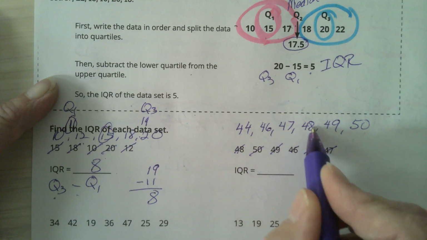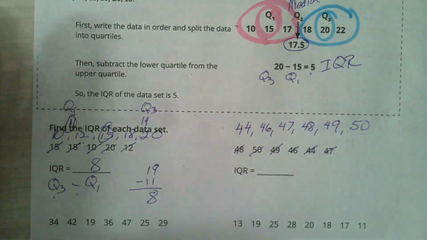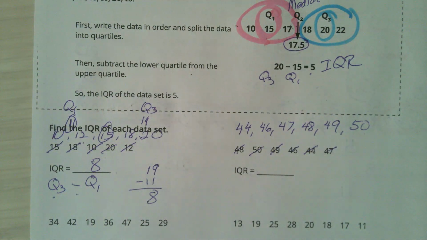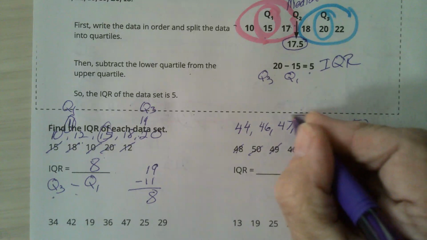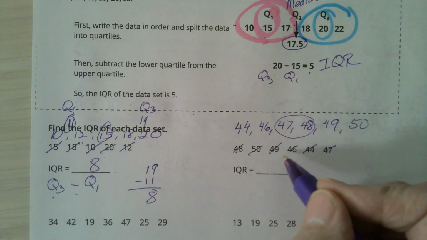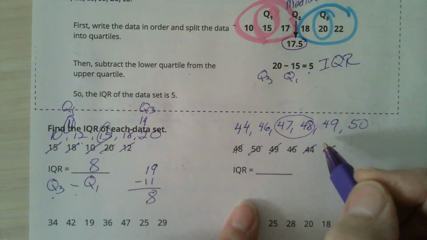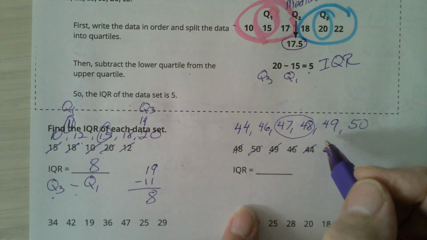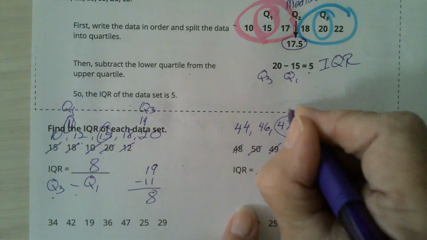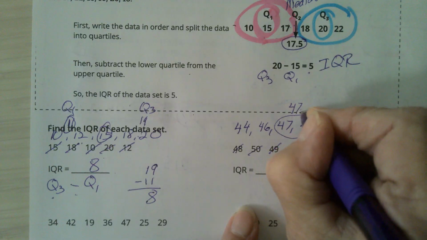Okay. Two middle numbers. What's in between a 47 and a 48? Yes. 47.5, or 47 and a half.